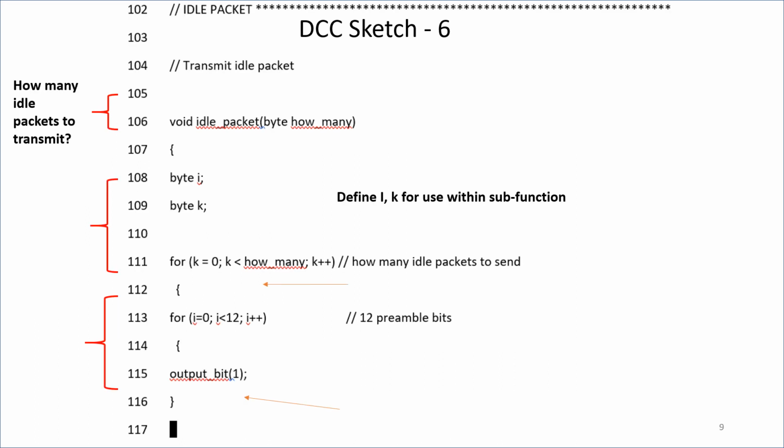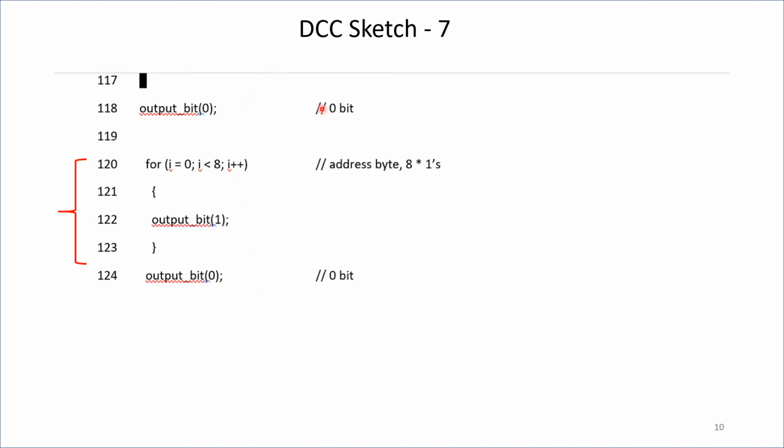Now I want to define the idle packet. The idle packet is a standard format. I'm sending out 12 bits in a preamble, which is the same whether it's an idle packet or a command packet. Then I send out a 0 between the preamble and the address byte, and the address byte in the idle packet always contains ones, it's 8 ones, then the 0 bit.